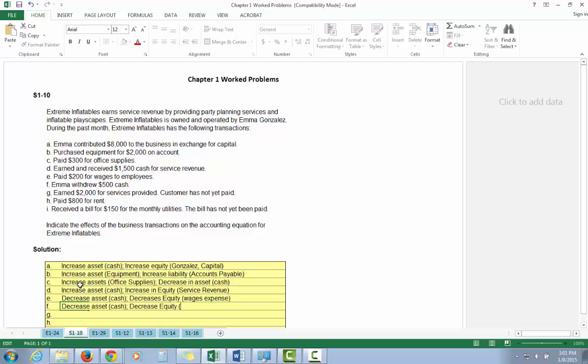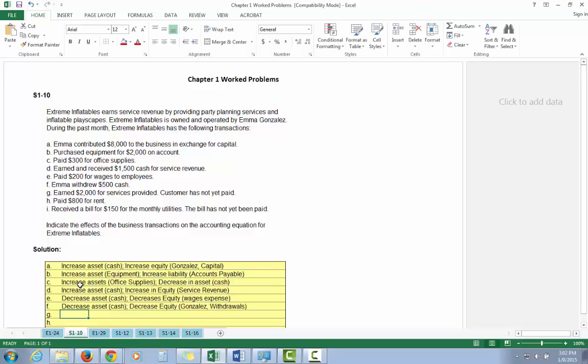So we're going to put Gonzalez withdrawals. All right. Now let's look at G. It says earn $2,000 for services provided, and the customer has not yet paid. So in G, we do have an asset here. We provided a service and we were supposed to get paid, but haven't.